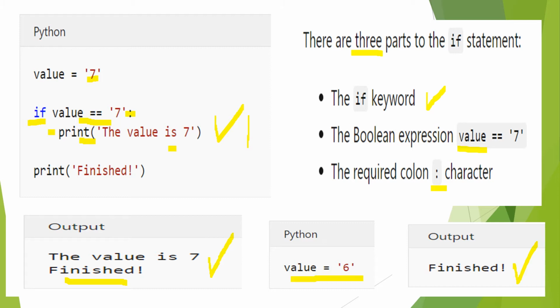The line of code beneath the if statement is ignored because the Boolean expression evaluates to false. This was ignored in our example. The final line of code that prints the term finished runs because it isn't indented beneath the if statement. Here.